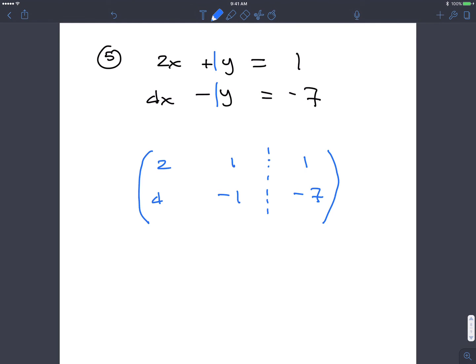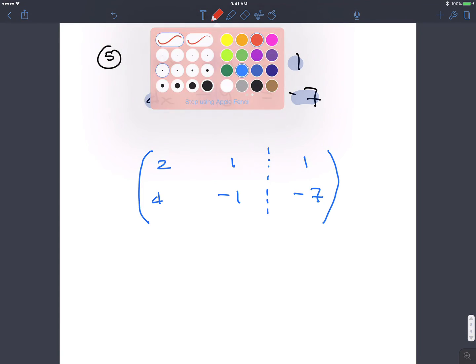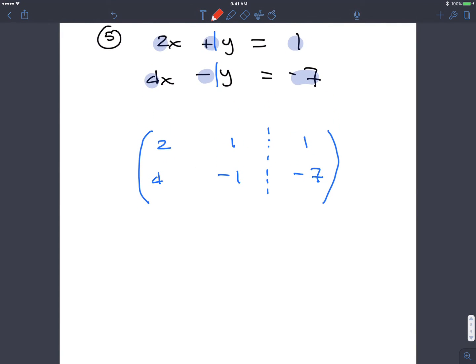Those entries are the coefficients we use. Notice we did take 2, positive 1, positive 1, 4, negative 1, negative 7. Now, again, we need 0 in this position. And if I add row 1 with row 2, we get 2 plus 4, and that gives me 6. That's not 0.